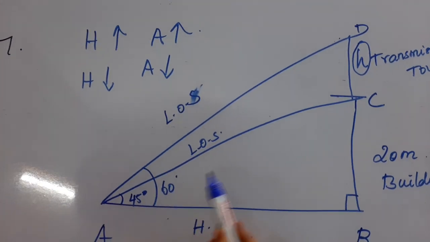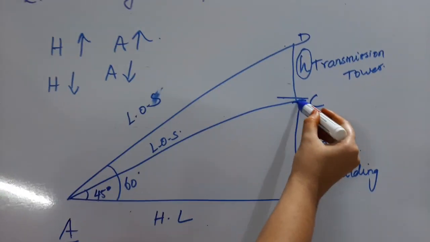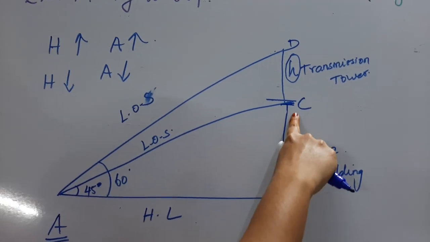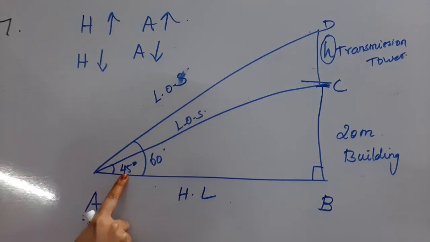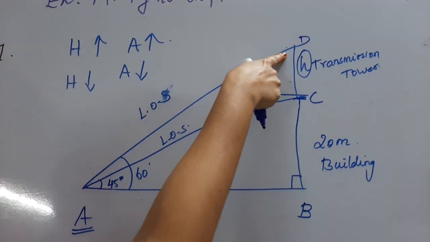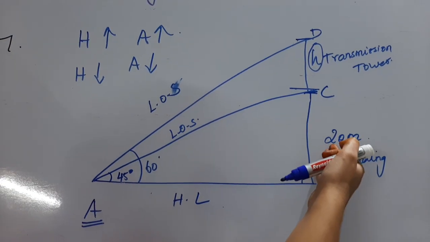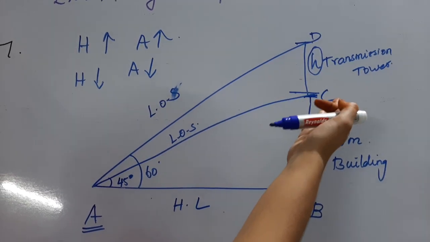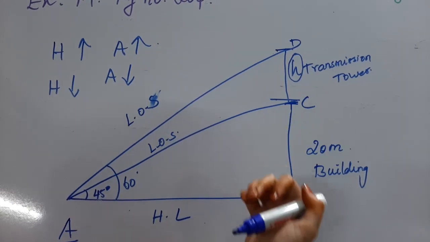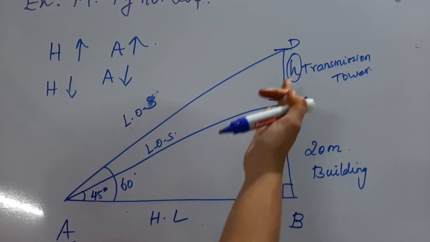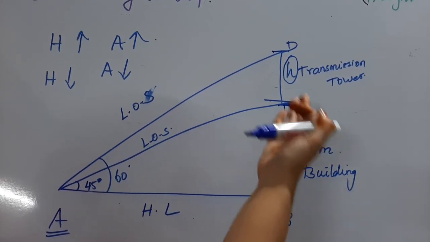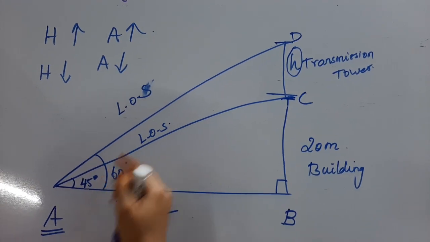See here, the bottom of the transmission tower is C and this height is 20 meters. So the angle is 45 degree. When I calculate for the top of the transmission tower, the total height becomes 20 meter plus some h meters that we did not know and which we are going to find out from the sum. 20 plus h. It means that it is more than the height of BC. So the height is increasing.